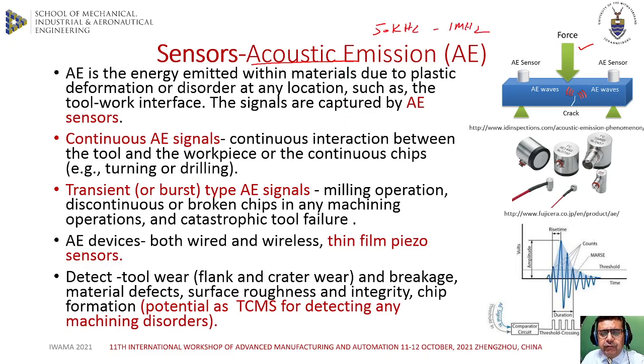Researchers have shown that they are quite good at monitoring abrupt changes, that means breakage of the cutting tool, and they are also sensitive to gradual wear. So both can be monitored very easily with the help of acoustic emission sensors.